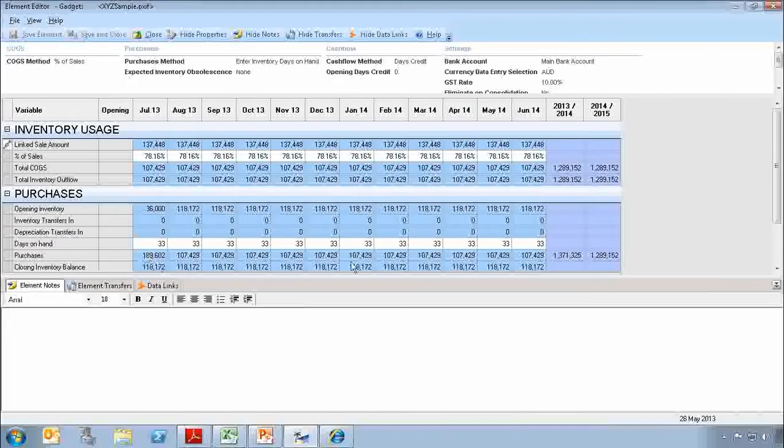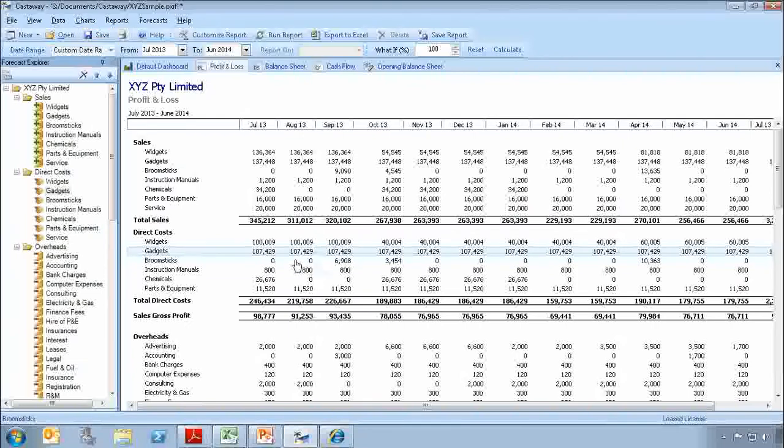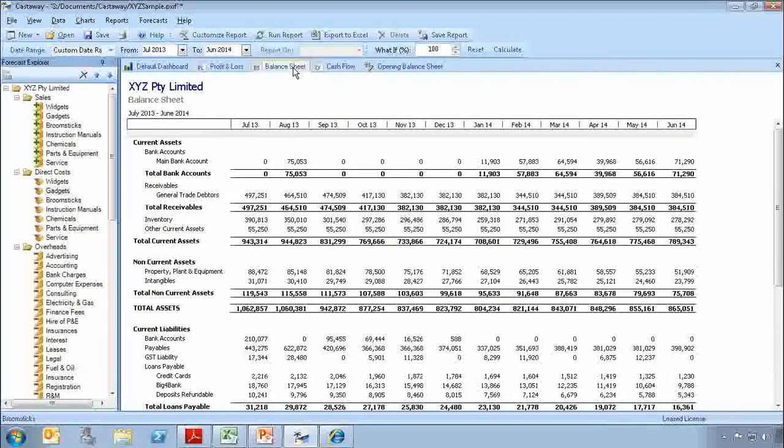Do it for a couple of the main ones. We'll make that 35. Do that. And then let's have a look at what that's done to the cash flow.